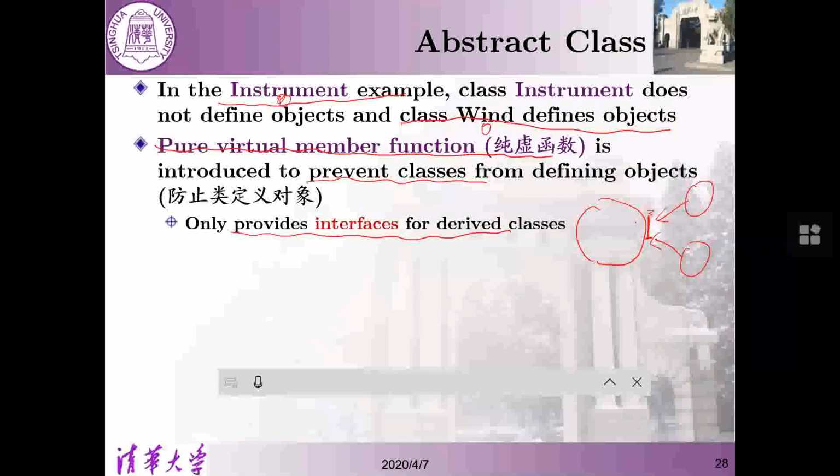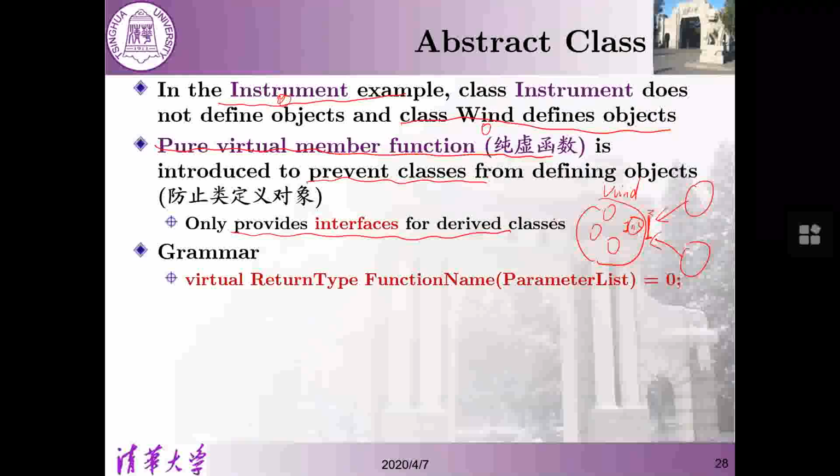So this is the abstract class here, and then these are the concrete classes. So this is wind here. This is the instrument. We will learn this later when we learn design patterns. And abstract class provides us a way to provide interfaces to others. Okay, we will learn this later in more detail.